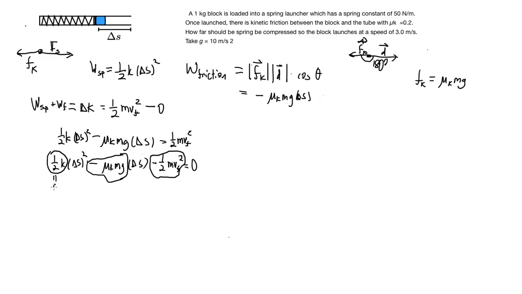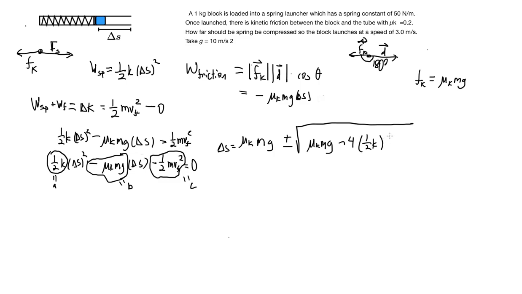So in the quadratic formula, that's A, that's B, and that's C. This is the solution: delta S equals negative B, mu k mg, plus or minus the square root of b squared, which is mu k mg squared, minus 4 times A, which is 1/2 k, times C, which is minus 1/2 m v final squared.